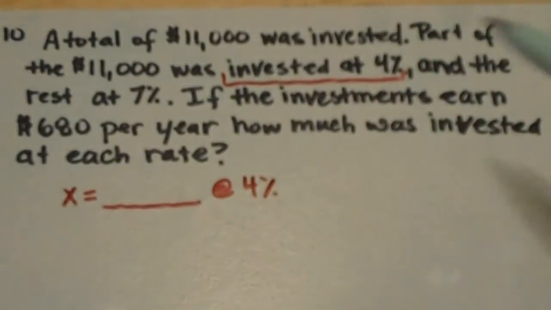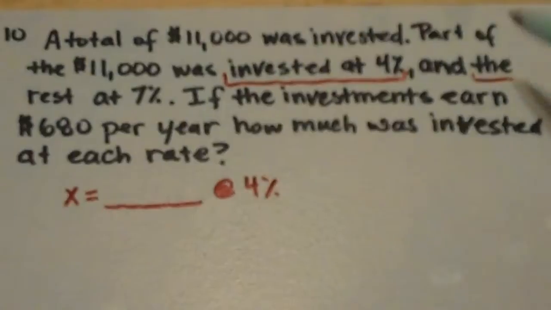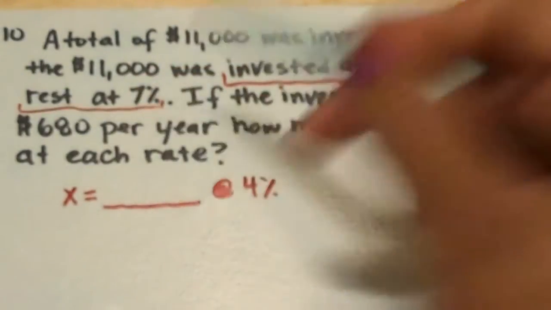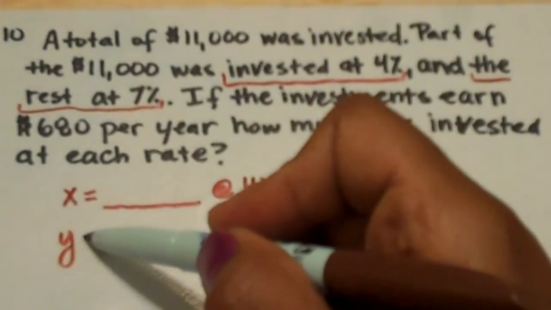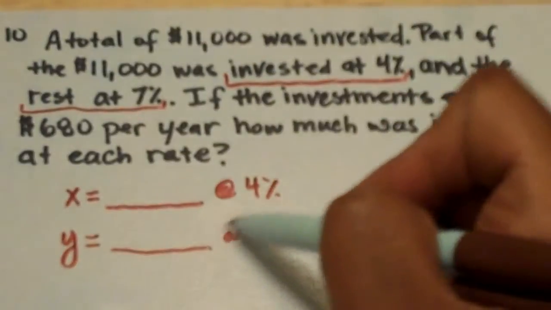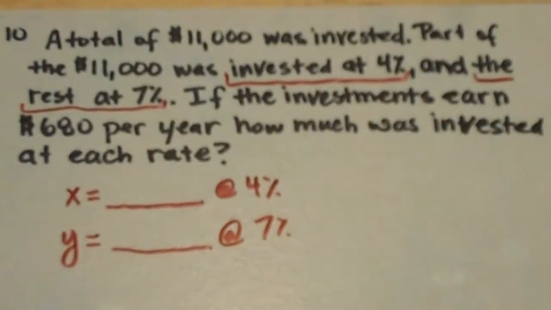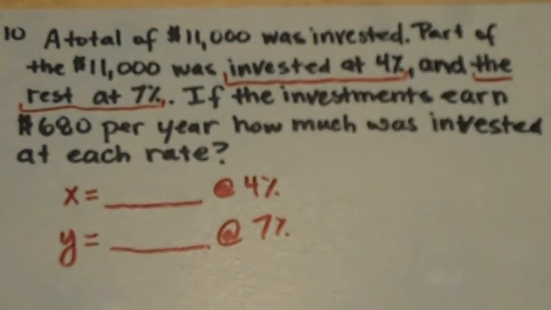And then we have our Y, which is the rest at 7%. So Y will be our investment at 7%. So we just want to make sure we identify that information, and we'll fill it back in at the top later. So now we need to look at the rest of the problem.